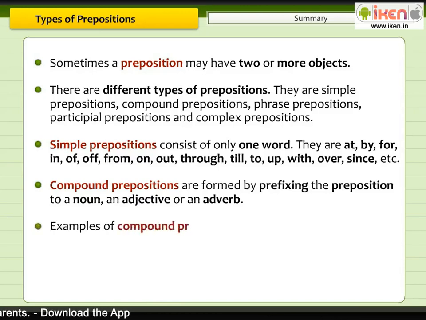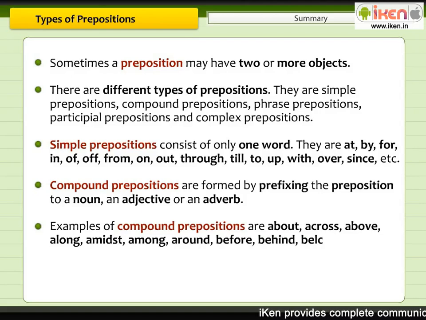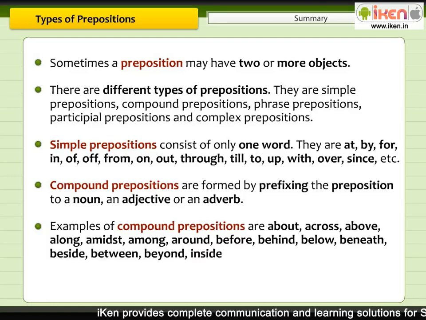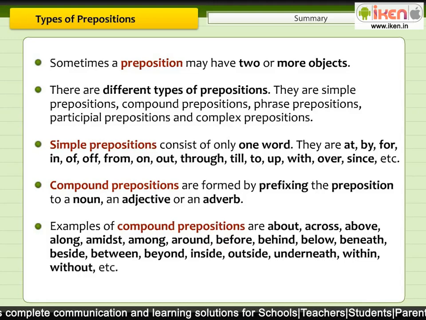Examples of compound prepositions are about, across, above, along, amidst, among, around, before, behind, below, beneath, beside, between, beyond, inside, outside, underneath, within, without, etc.